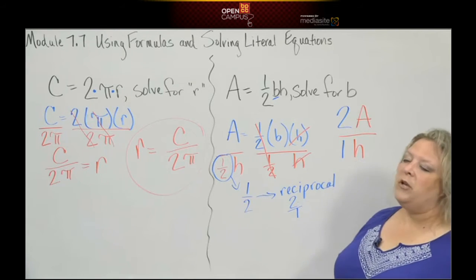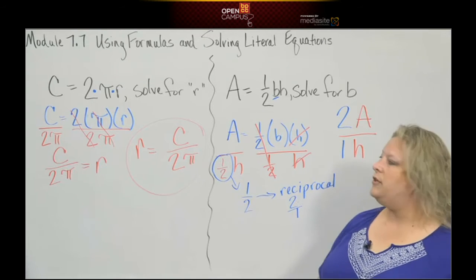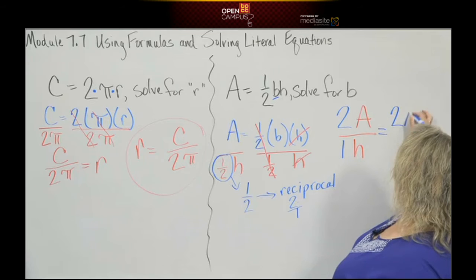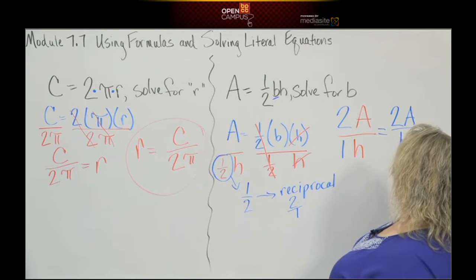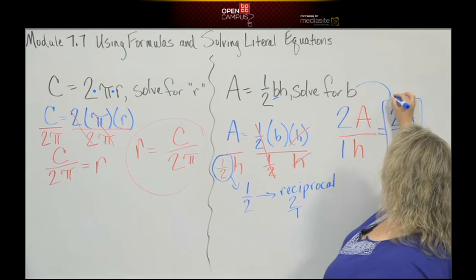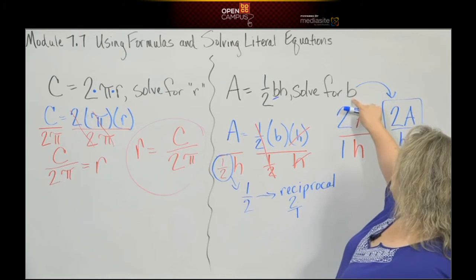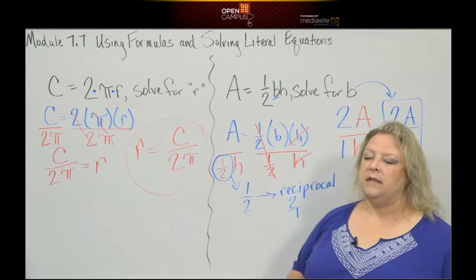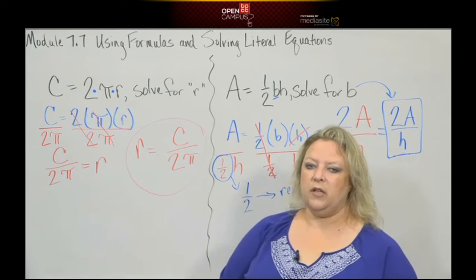Now, do you really need to put 1H? No, you don't. So what you could write is this, 2A divided by H. So that would be B is equal to, the base is equal to 2 times the area divided by the height. That's how we get the answer to this particular problem.